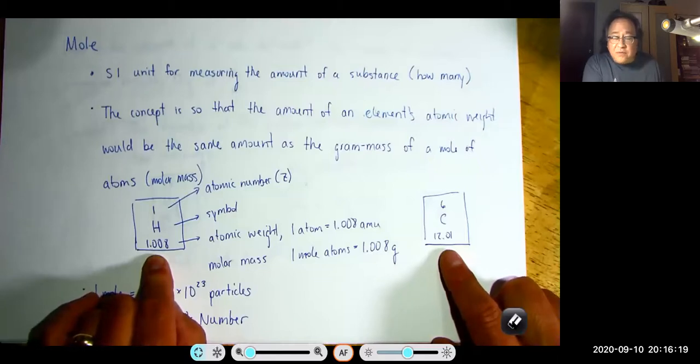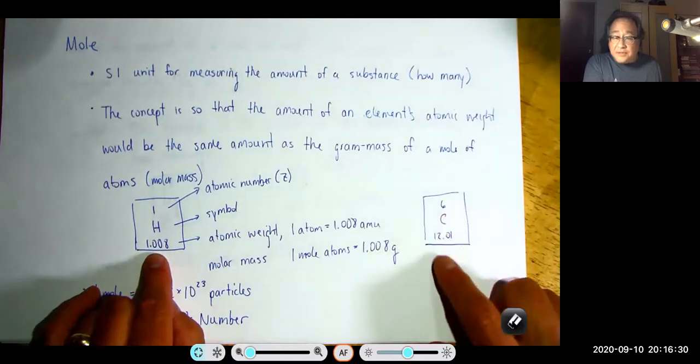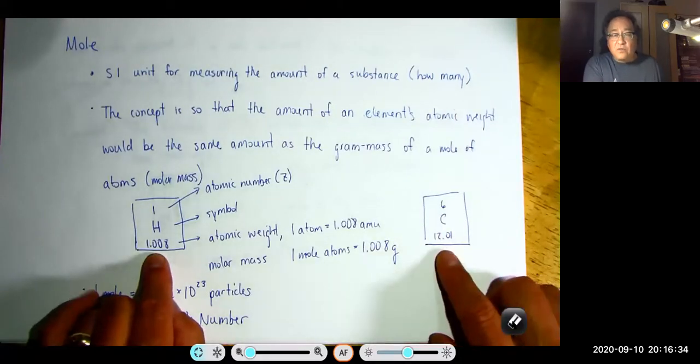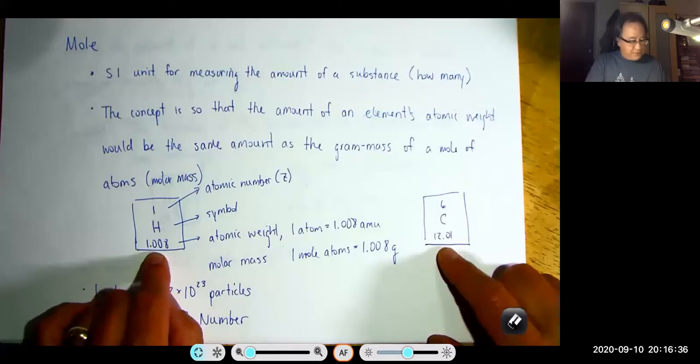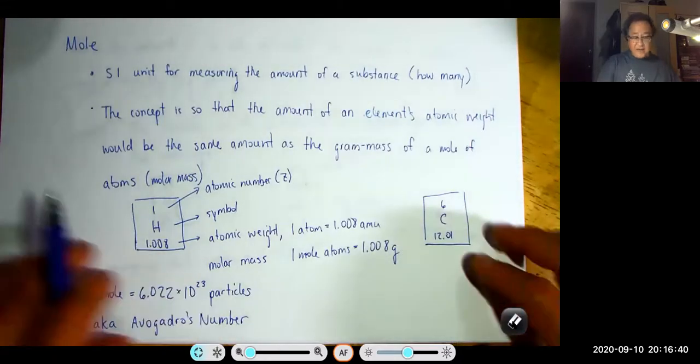And how can that be? Well, because carbon atoms are bigger. So if we had a mole of hydrogen atoms that weighed 1 gram, then a mole of carbon atoms, each weighing 12 AMUs, should weigh 12 grams. So what is that number? Well, we can actually calculate it.